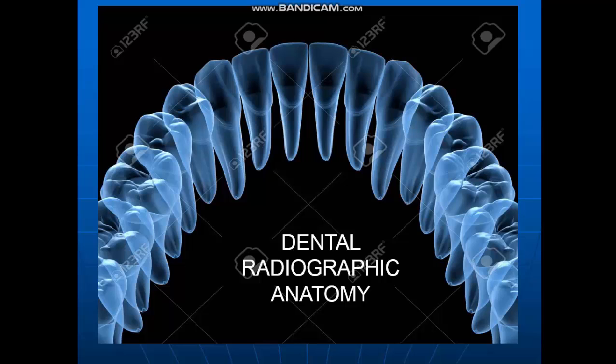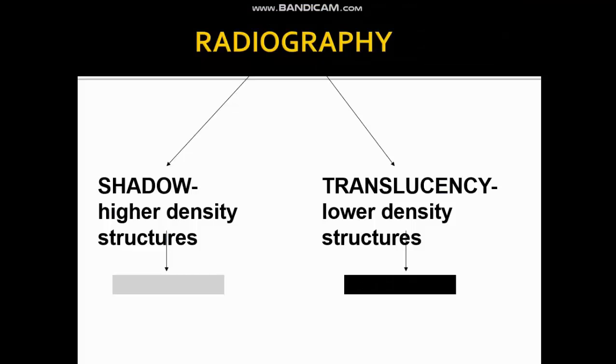Thus we must provide radiological imaging just after the clinical examination of the patient. Now I will be talking about some points of radiological anatomy of the tooth, dental radiographic anatomy.